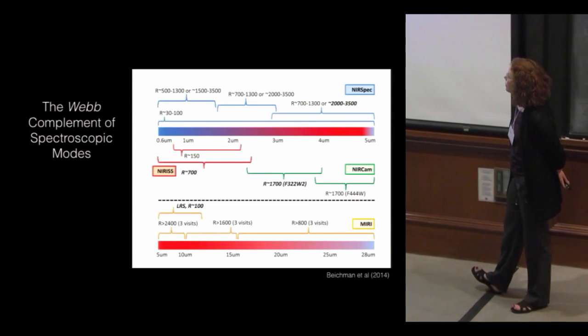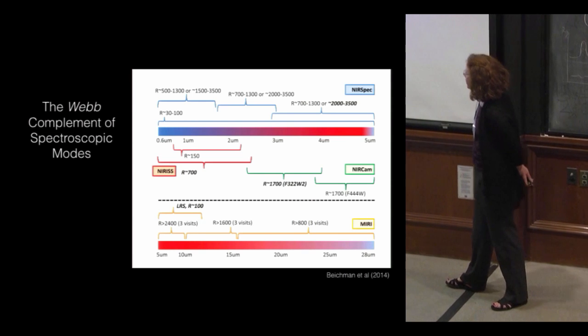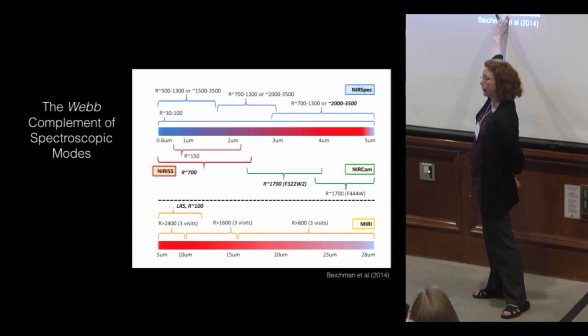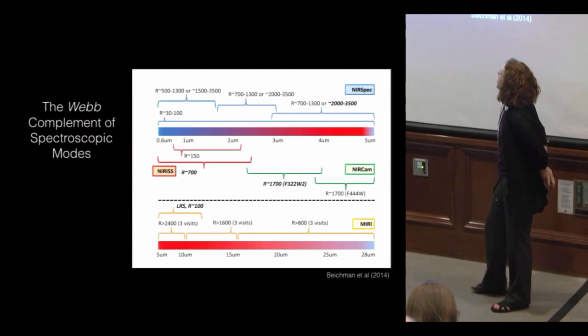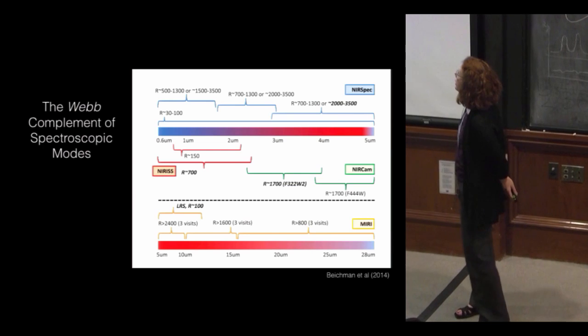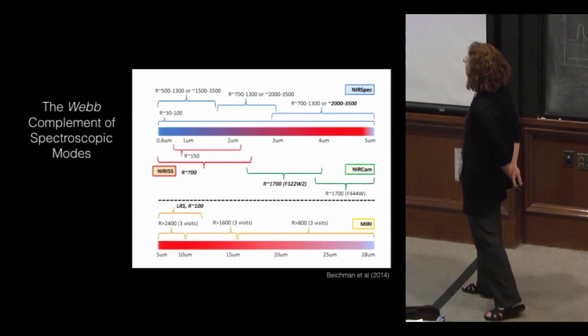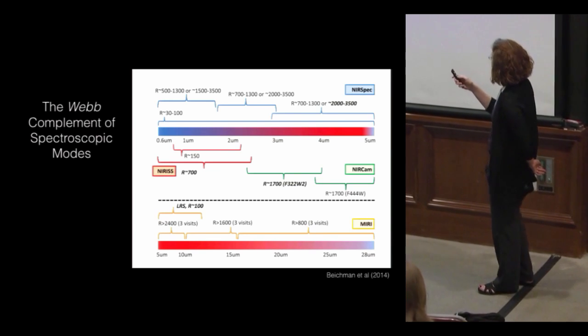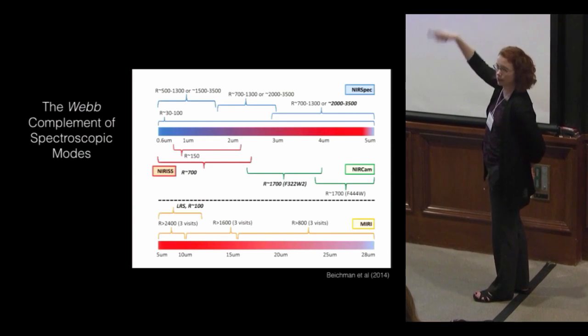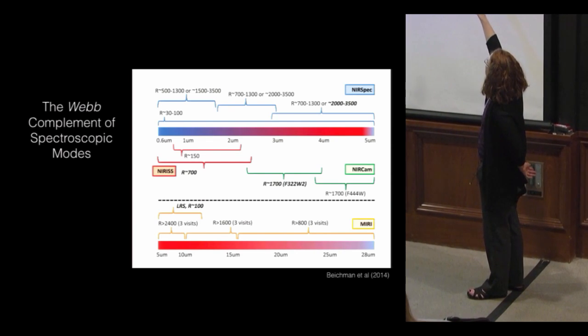So the complement of instruments on JWST cover the wavelength range from 0.6 all the way out to 28 microns. You have 3 instruments that are operating in the near infrared from about 0.6 to 5 microns, and that includes the NIRSpec instrument, which I mentioned earlier this week, and so did some other people.